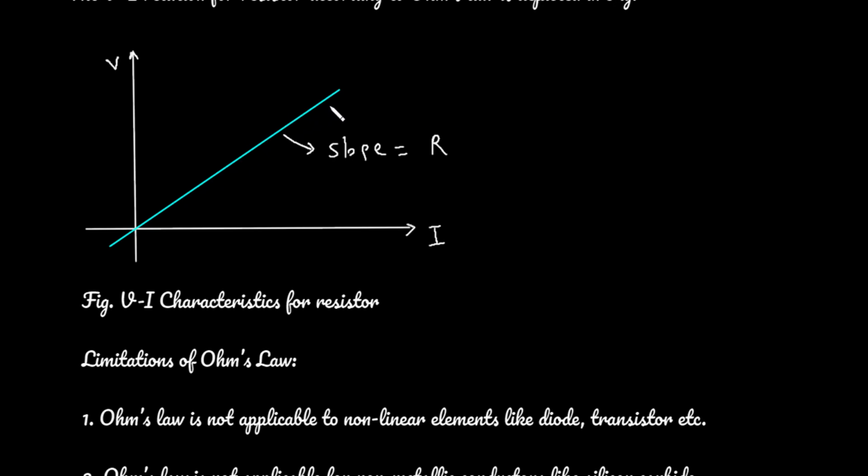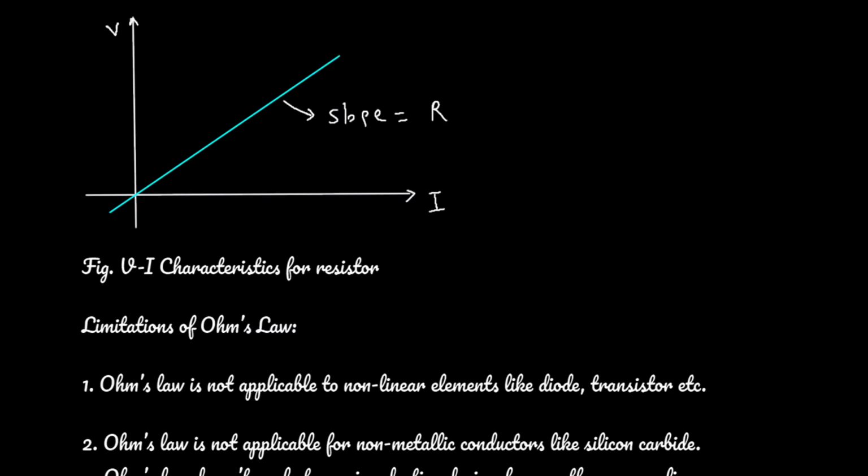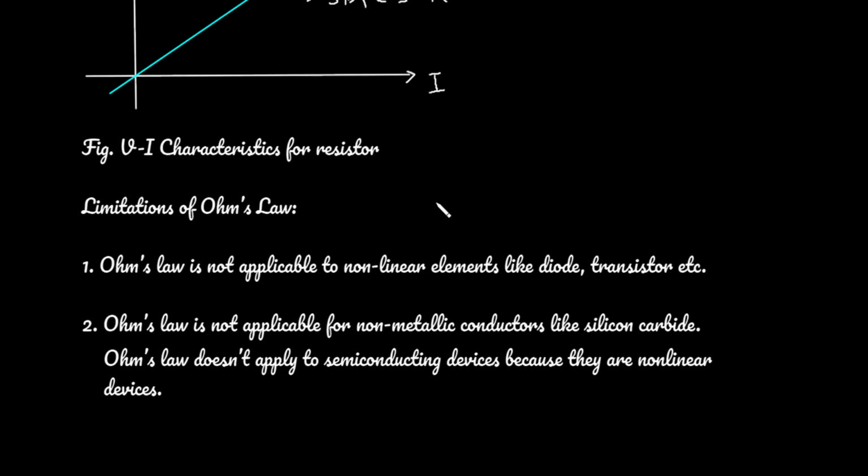Here we can see a resistor gives a straight line, which means a resistor is a linear element. If the VI characteristic is linear, then that element is called a linear element. But for a diode and a transistor, Ohm's law is not applicable because they are non-linear elements.